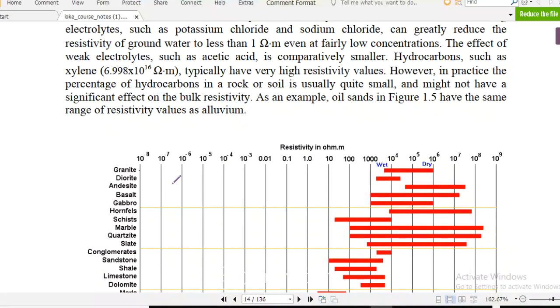The effect of weak electrolytes such as acetic acid is comparatively smaller. Hydrocarbons such as xylene typically have very high resistivity values.